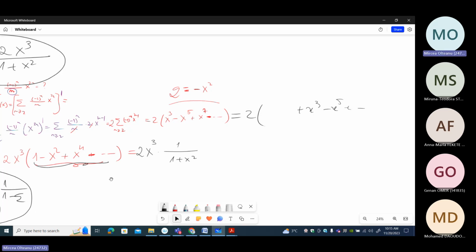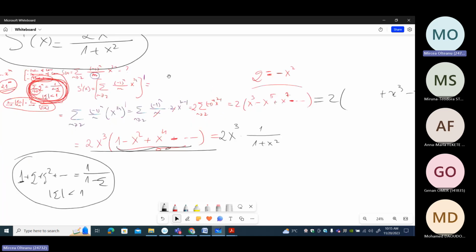But the simplest way is a common factor. So now we know the derivative of the function S.